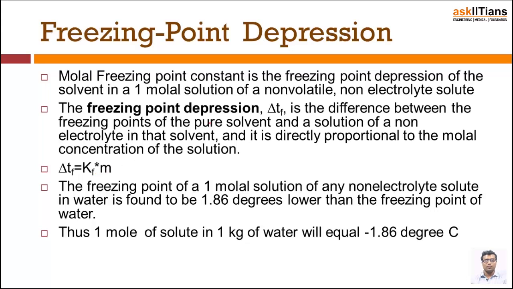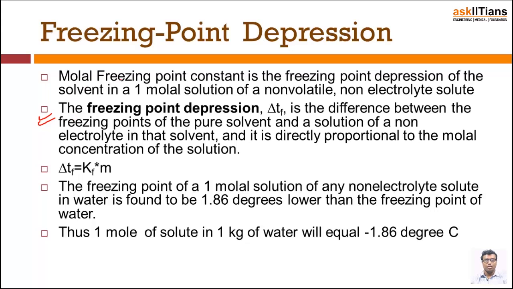What is freezing point depression? Just like when you add a non-volatile solute to the given solvent the boiling point increases, the freezing point of the given solution will decrease. Unlike boiling point elevation, which is an increase, the freezing point depression is a decrease.